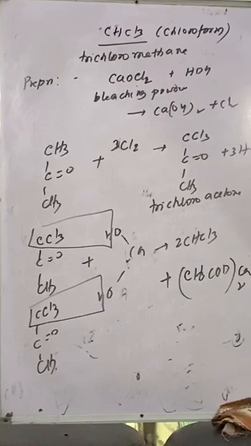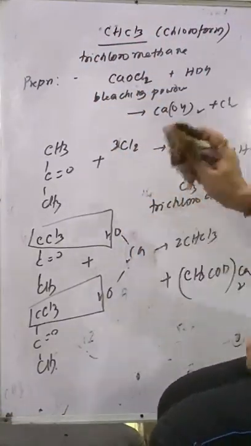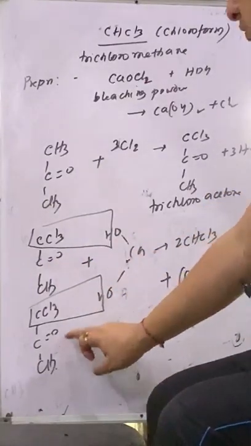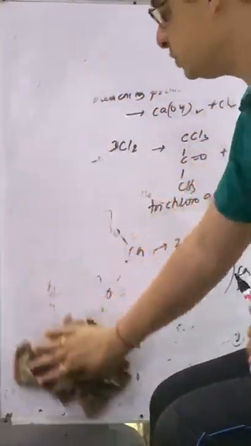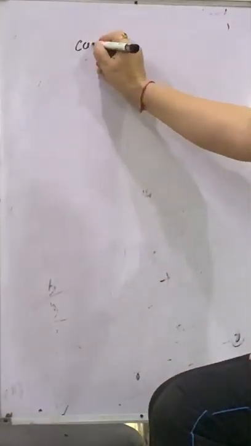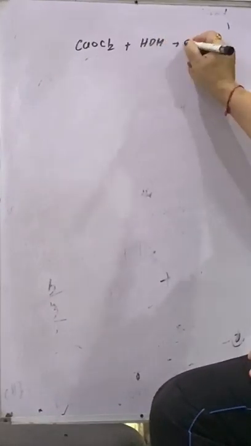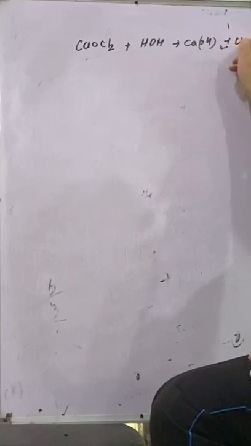The next one is with acetaldehyde. Again CaOCl2 plus water gives Ca(OH)2 plus Cl2.